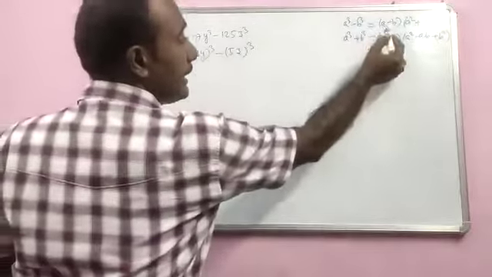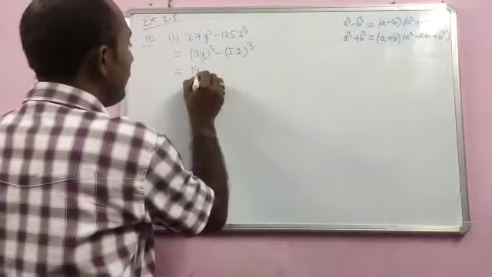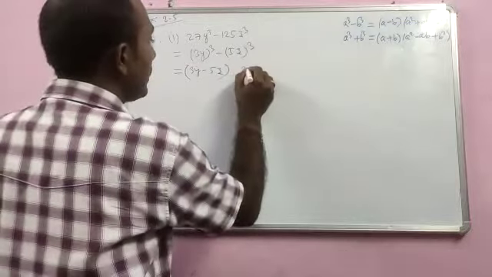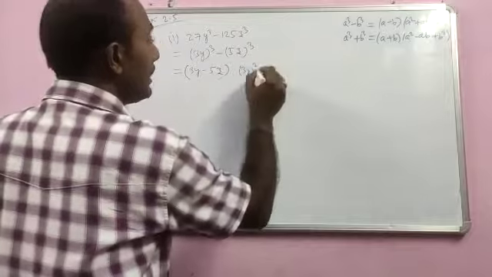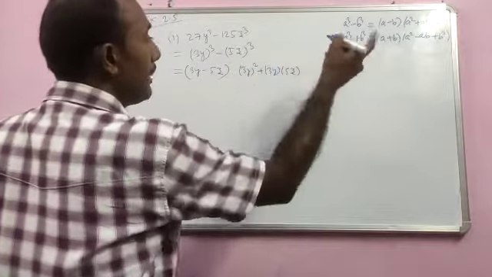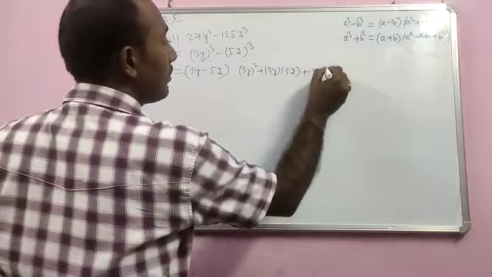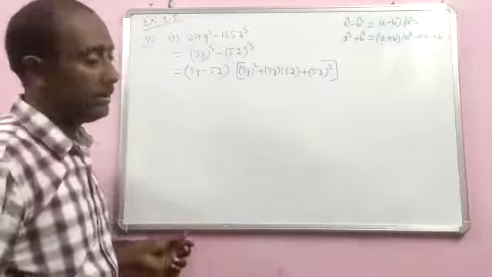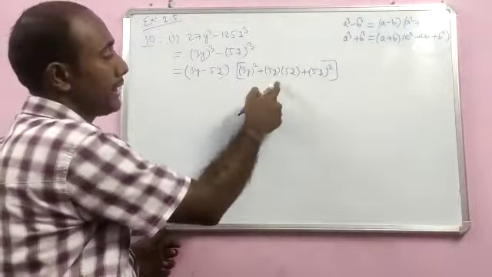So the formula says a minus b, so 3y minus 5z into a square, so 3y whole square, plus ab, 3y into 5z, plus b square, 5z whole square. This is a minus b into a square plus ab plus b square.